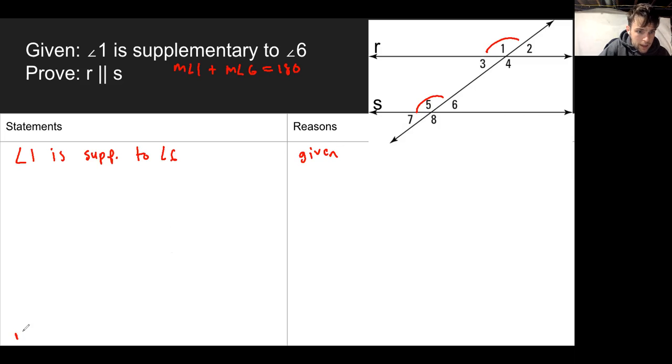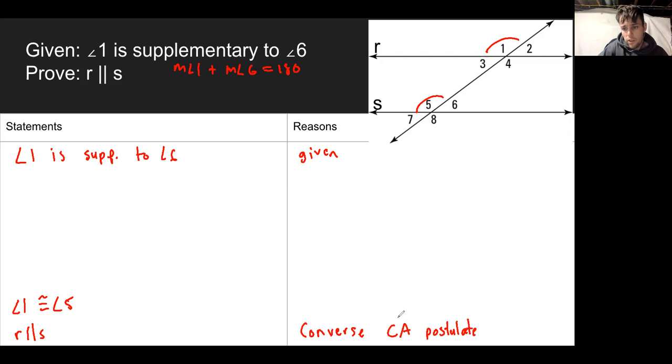And I know I need to end with R is parallel to S. And I said I'm going to try to do that by showing angle 1 is congruent to angle 5. And so the reason they would be parallel then is actually called the converse of the corresponding angles postulate. Remember, corresponding angles was a postulate, and so the converse of it allows us to work backwards and say, if the corresponding angles are congruent, then the lines are parallel.